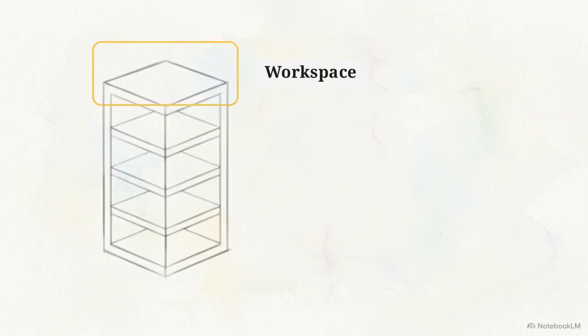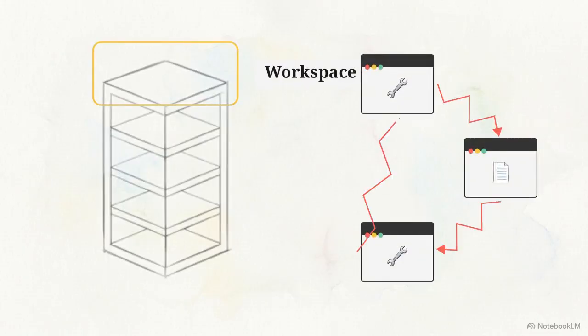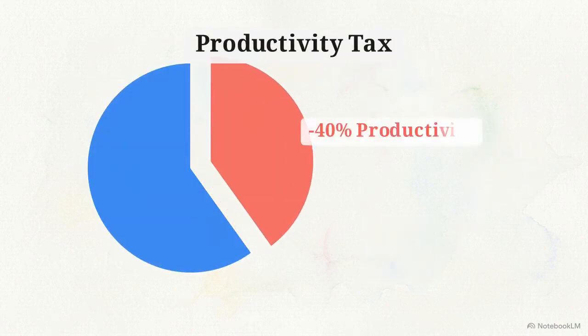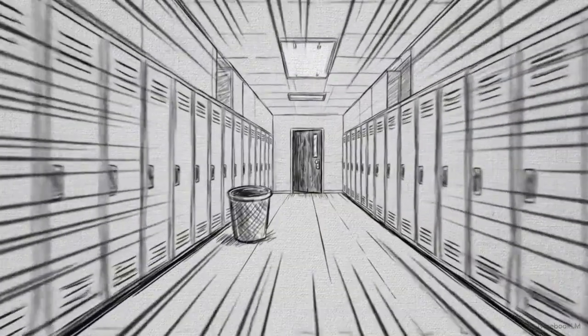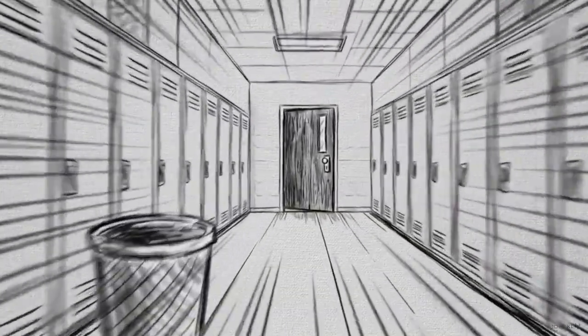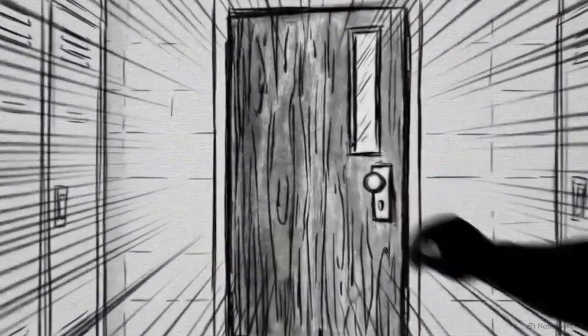The top floor is your execution workspace. Switching between multiple tabs and applications creates friction that can consume up to 40% of your productivity. Google Workspace addresses this by integrating Gemini directly into Docs, Drive, and Meet to unify your workflow. Imagine you are rushing into a critical parent-teacher meeting 5 minutes late, and you have missed the opening context.